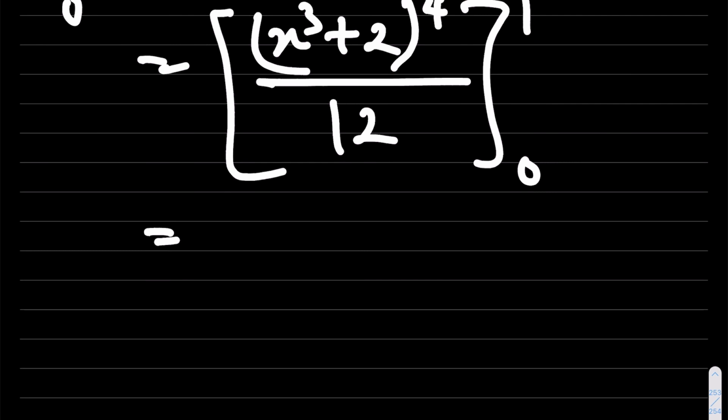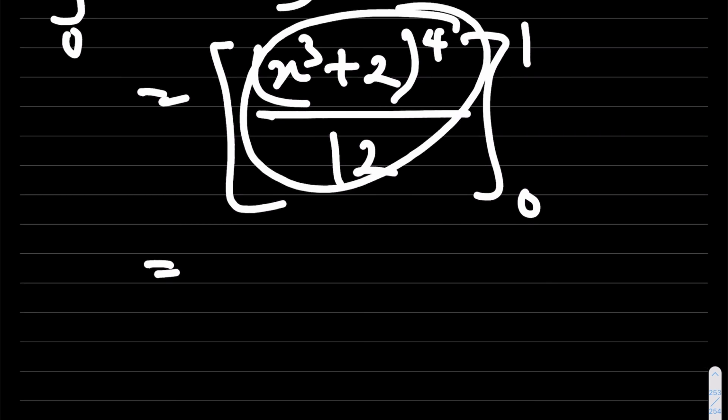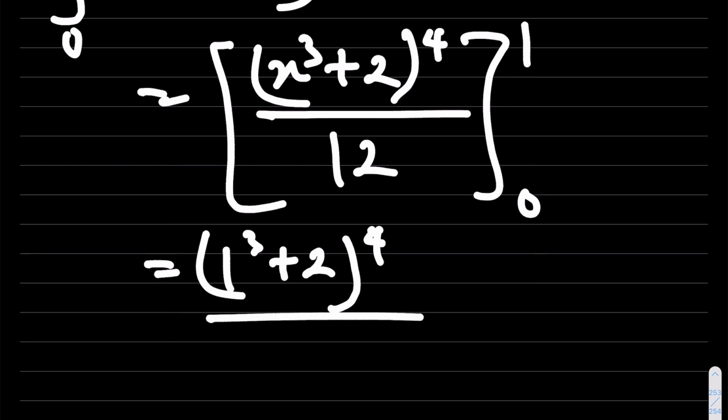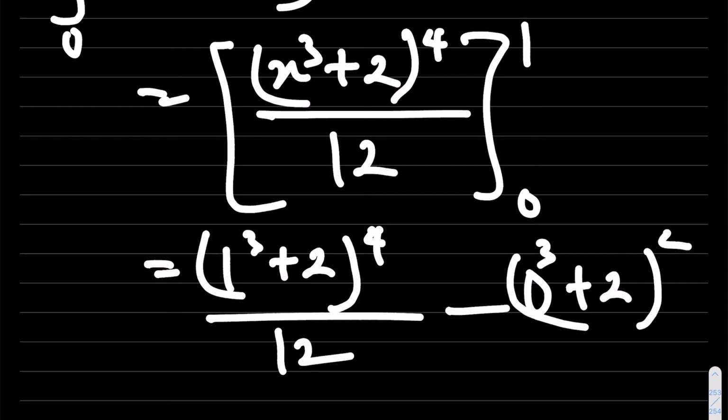You just put 1 here, substitute 1 for x in that function, and subtract what you get when you substitute 0 for x in it. That means 1 cubed plus 2 raised to power 4 over 12 minus 0 cubed plus 2 raised to the power 4 all over 12.